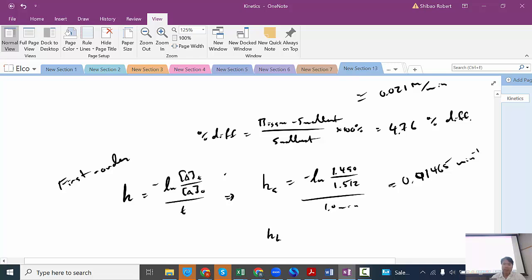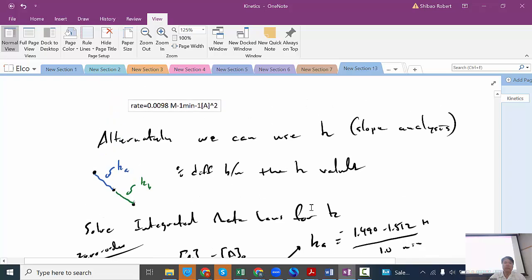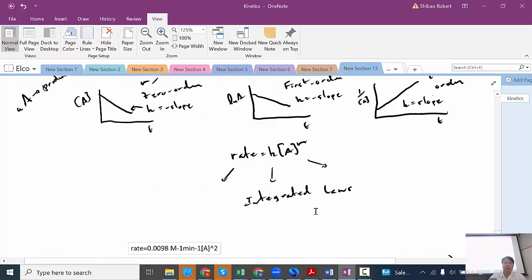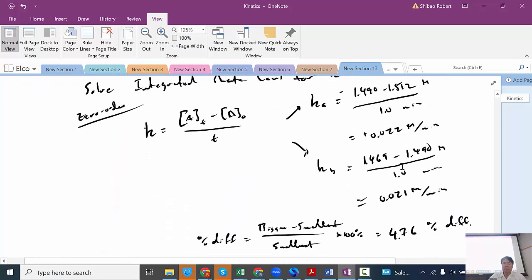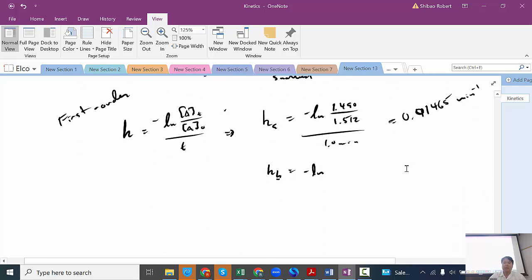All right, for the second segment, KB is going to equal minus ln of the final, 1.469, over the initial for this segment, 1.490, divided by the time interval, which is again 1 minute.